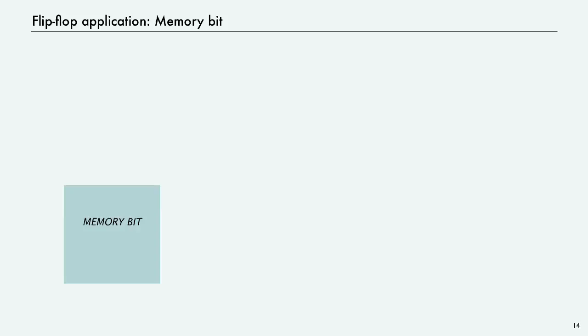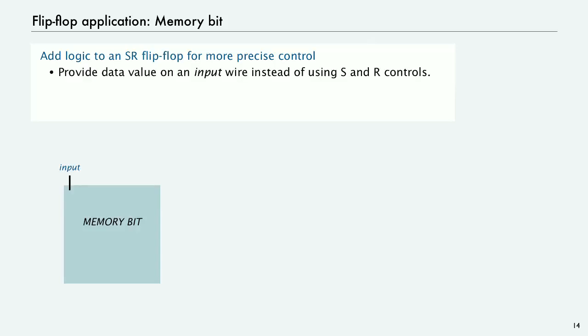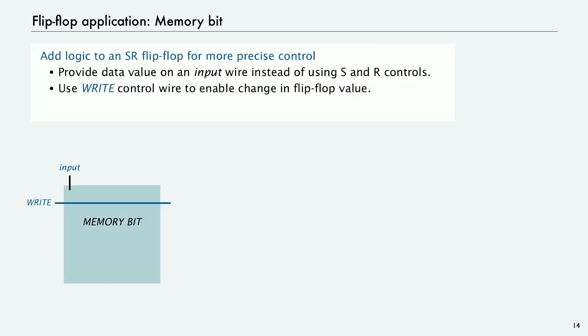So what we're going to do now is implement a memory bit that gives us even more precise control. What we want to do is provide a data value on an input wire instead of fooling too much with the S and R controls directly. And we're going to have a control wire for every memory bit that enables the actual change in the flip-flop value.